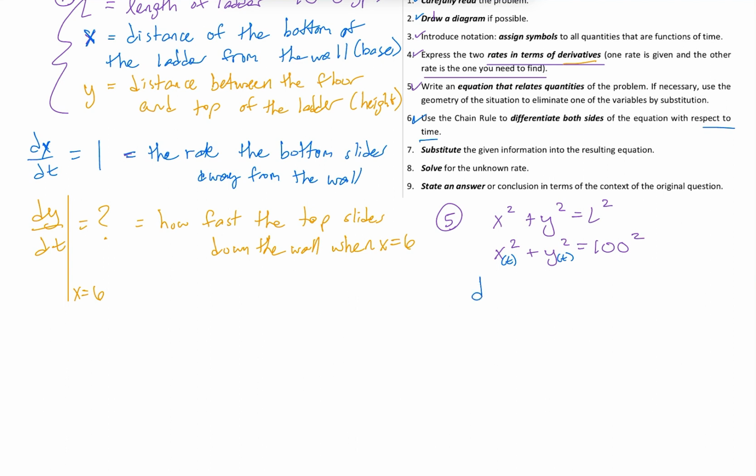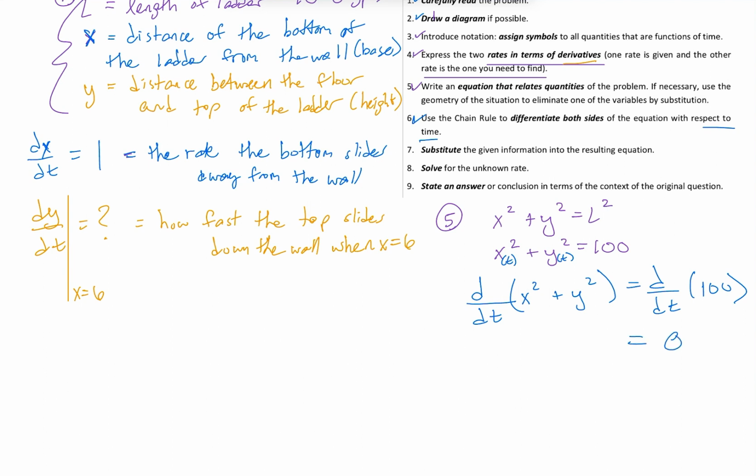So d/dt of x squared plus y squared, and d/dt of 100, oh, sorry, that 100 should not be squared. So the right side is easy because that's just the derivative of a constant, which is 0.